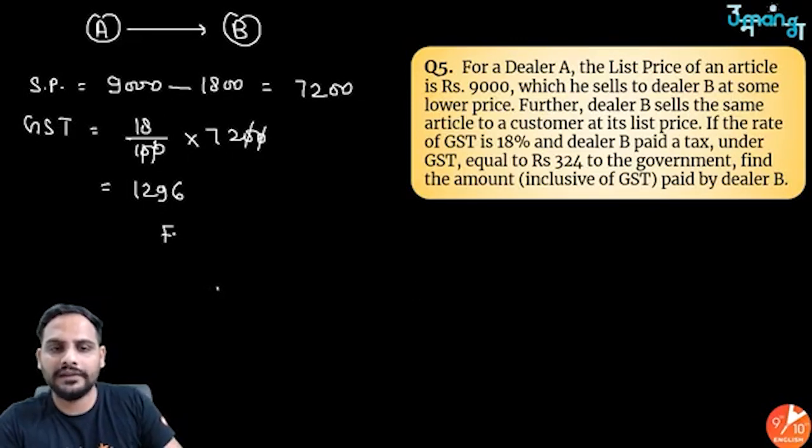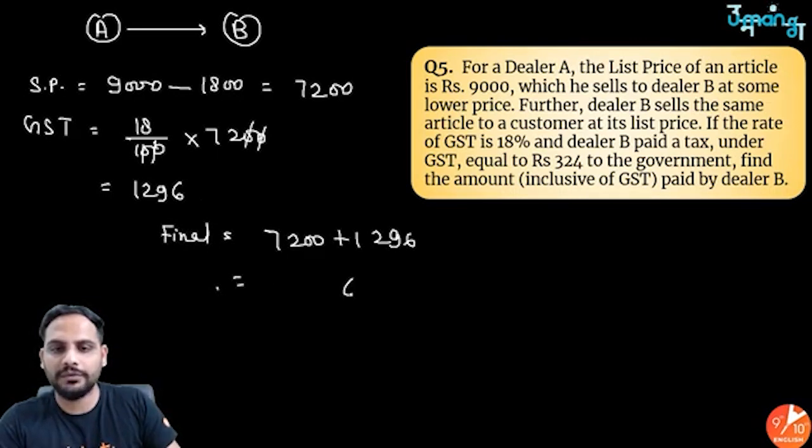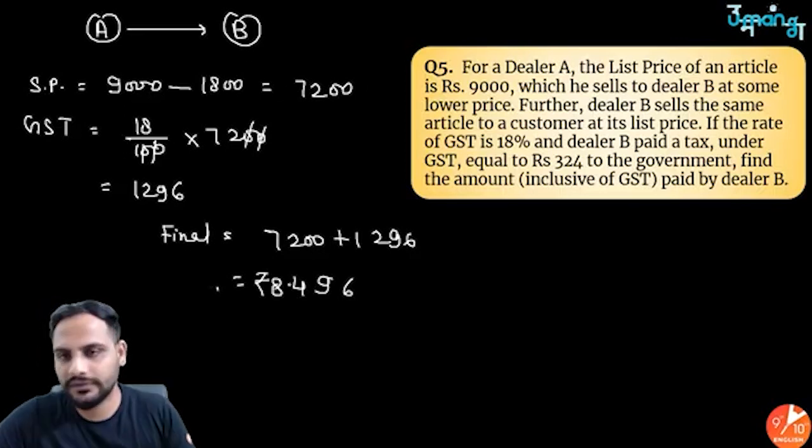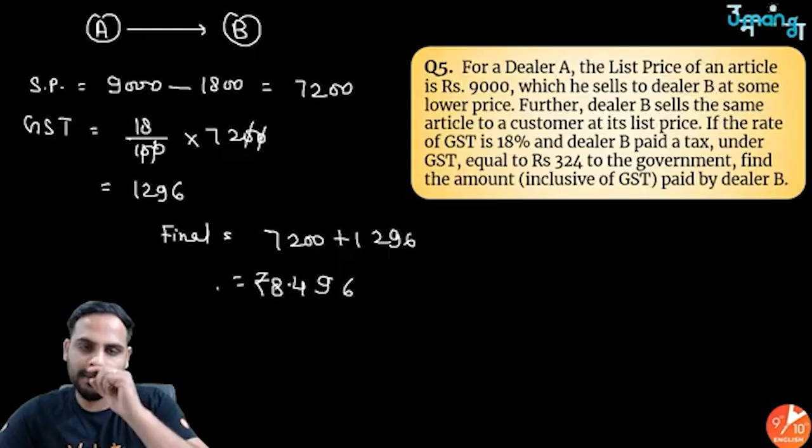So final price payable by B will be 7200 plus 1296. So it will be equal to rupees 8496. This is how this question will be done.